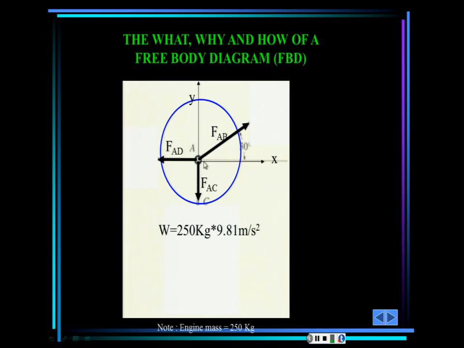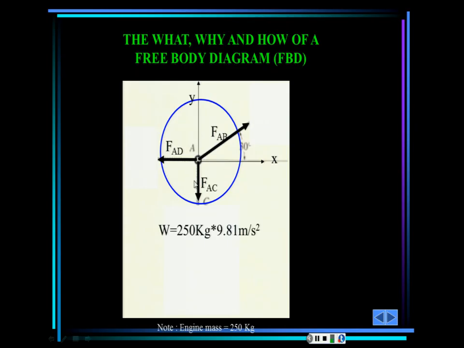Now think of that particle. That particle can move either in the X direction or in the Y direction. Of course, it can move in combination of X and Y, but it's the same thing. So the possibility for this particle not to be in equilibrium is either the particle is moving in this direction or the particle is moving in this direction.